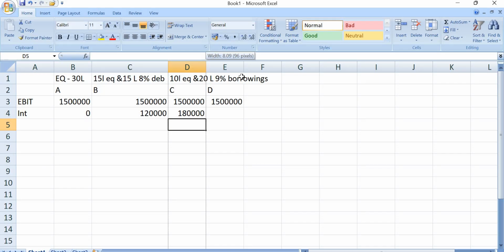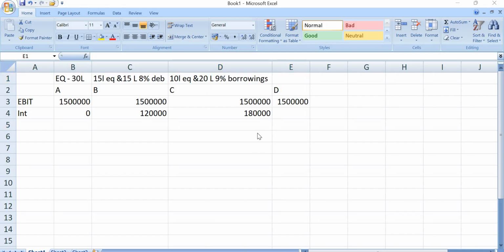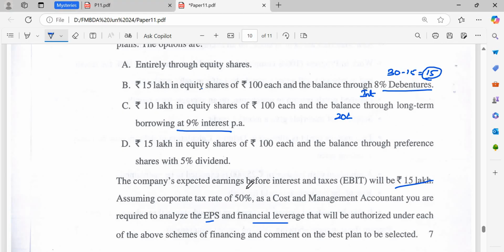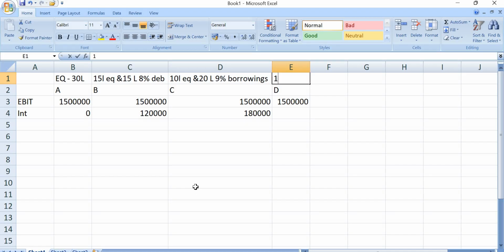So in the third scenario, we have preference shares and equity shares. That is 15 lakhs in equity and 15 lakhs in 5% dividend preference shares. Sorry, 5%.